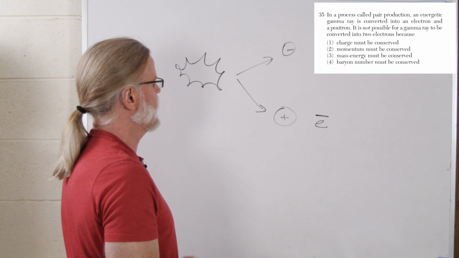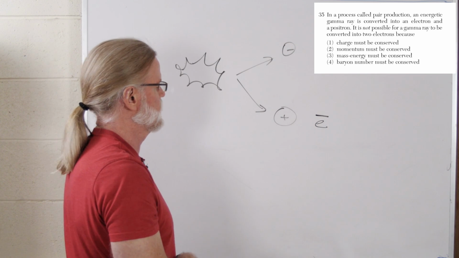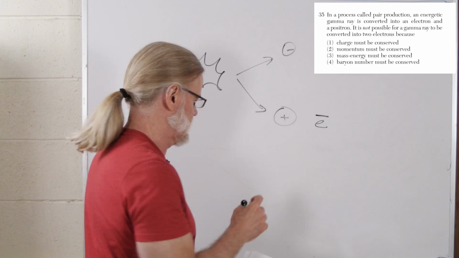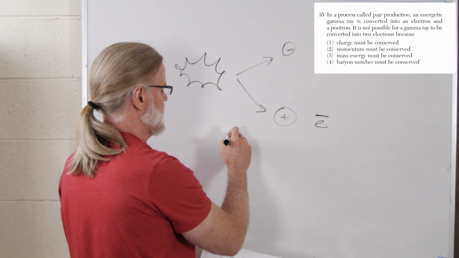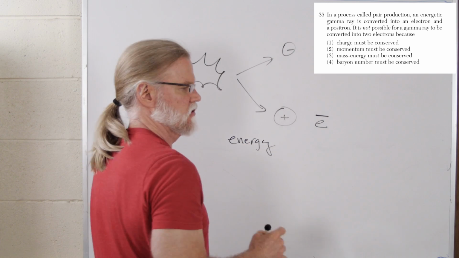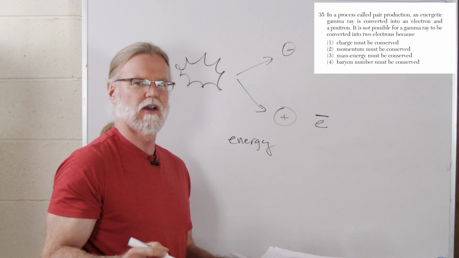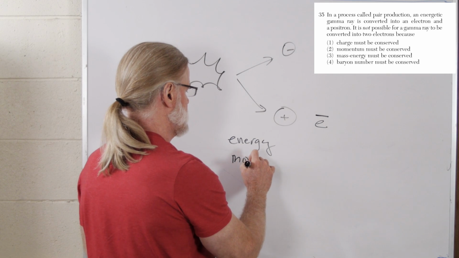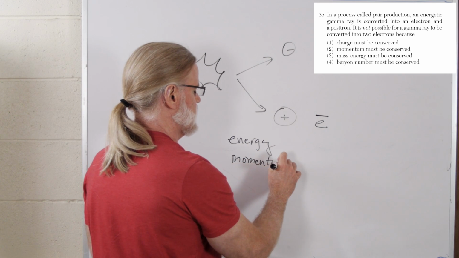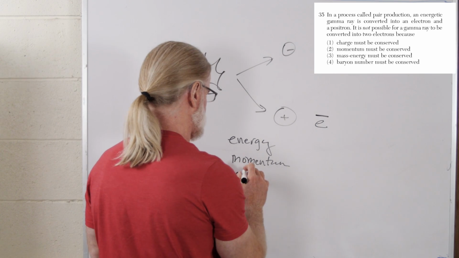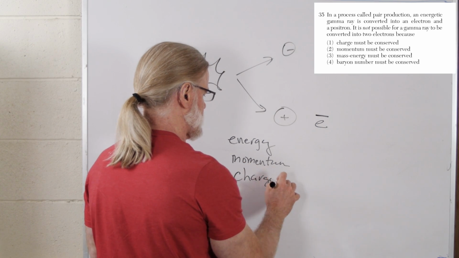Now, we know that this can't turn into 2 electrons because there are certain things in this universe that are conserved, and one of them is energy. That's a quantity that's conserved as far as we know. The amount of energy that exists today always existed. Momentum in a closed, isolated system is conserved, and also charge is a conserved quantity.